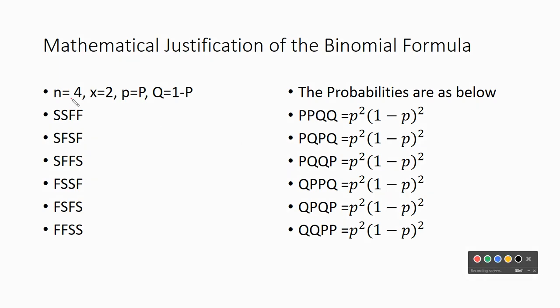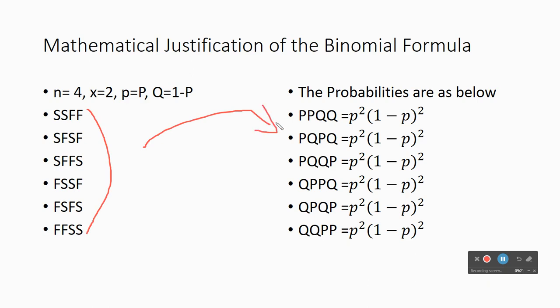Let's say that we have a binomial experiment with 4 trials, and that I have 2 successes, and the probability of success is equal to P, which I'm going to denote as capital P. That means the probability of failure is 1 minus P, which I'll denote as Q. And so here I show, as before, all the possible successes and failures.